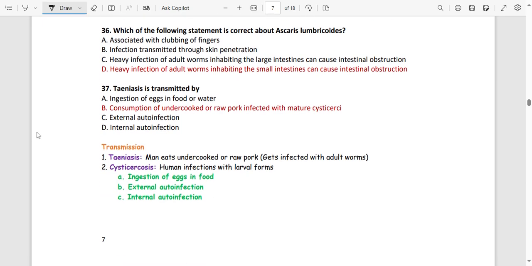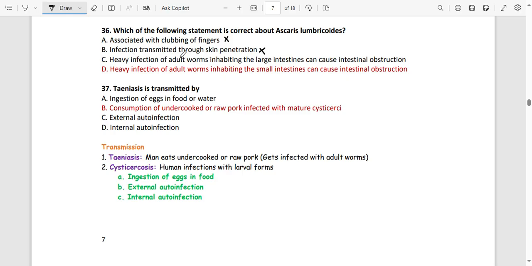Which of the following statements is correct about Ascaris lumbricoides? Associated with clubbing? So this one is not. There is a specific one that is associated with clubbing. Anyone that knows the specific guy associated with finger clubbing? Yes, Trichosis. And then B, infection transmitted through skin penetration. Again, we have said this guy, you have got the eggs that are going to be taken, isn't it? The Ascaris.